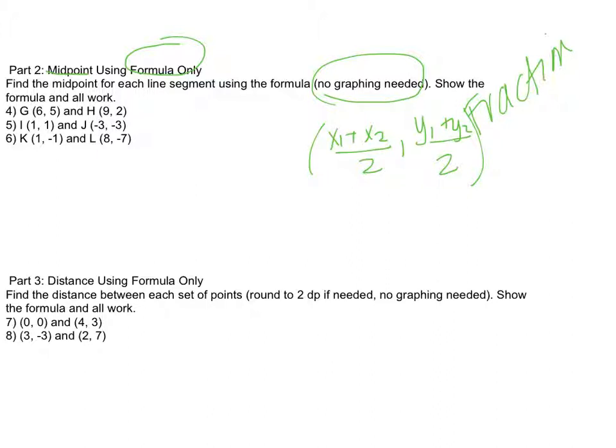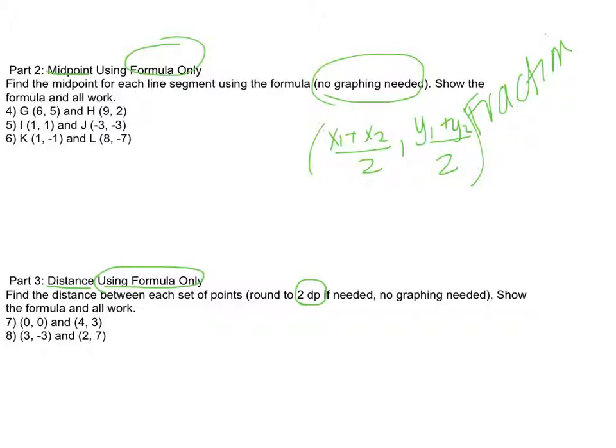For part 3, which is on the next page, you are finding distance using the formula only. And this 2dp means 2 decimal places. So you're just going to find 2 decimal places there, and again, you need to use the formula.